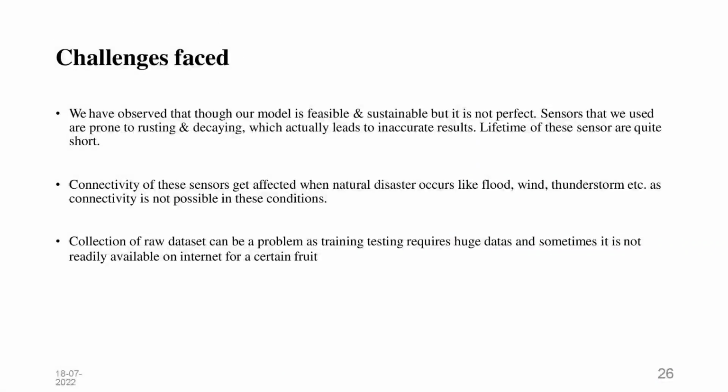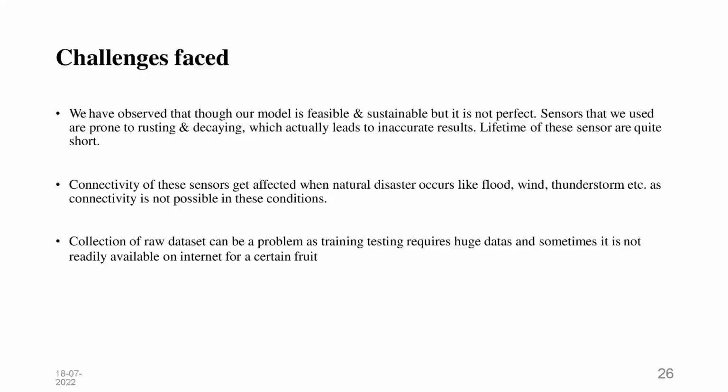We have also faced different challenges during this project. So some of them are, we have observed that though our model is feasible and sustainable, it is not perfect at all. And sensors that we have used are prone to rusting and decaying, which actually leads to inaccurate results. So if we use these sensors for a lifetime, it may not be so functional at all.